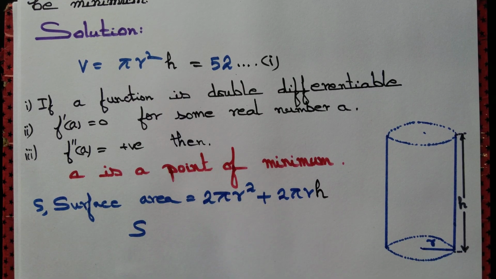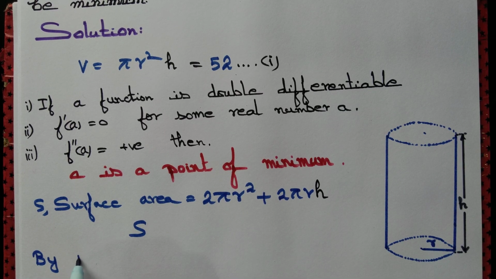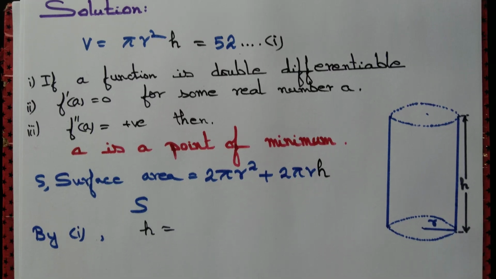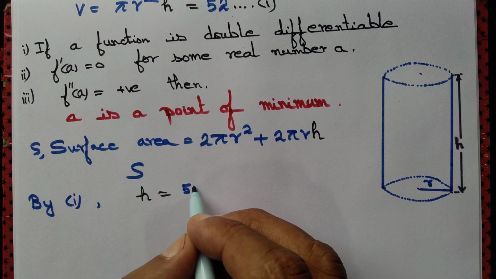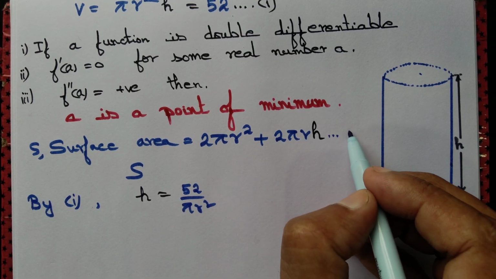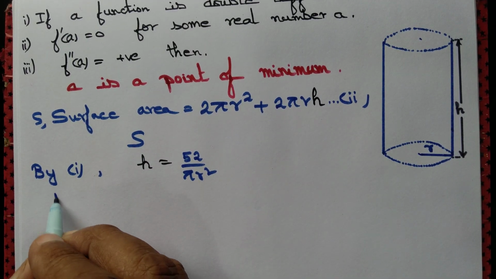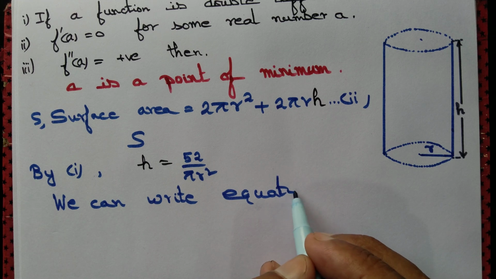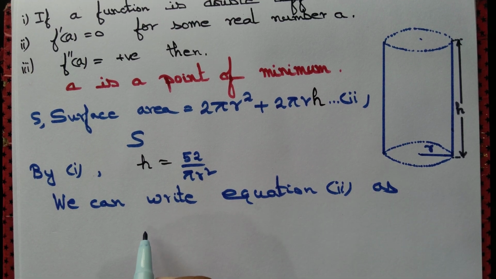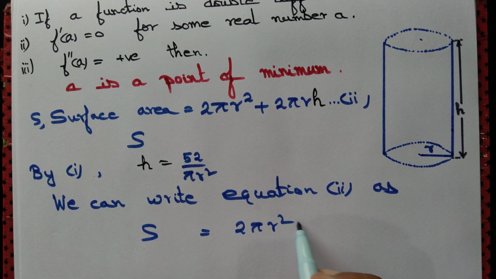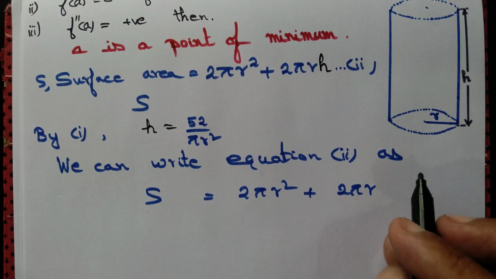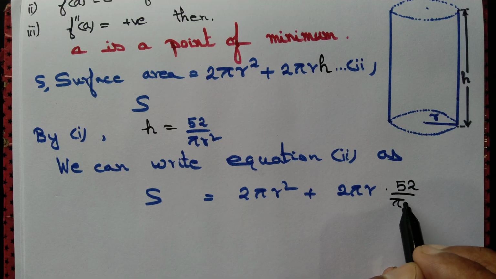It is better to eliminate h by equation 1. We have 52 equal to pi r square h. So h equals 52 by pi r square. We can write this as equation 2. S equals 2 pi r square plus 2 pi r, remember we want to eliminate h, and h equals 52 by pi r square.